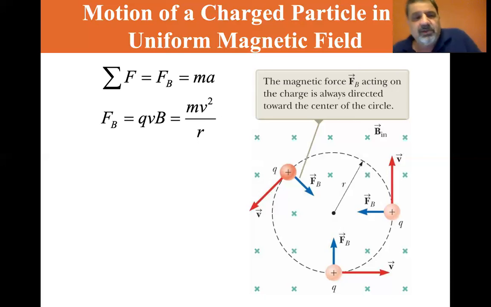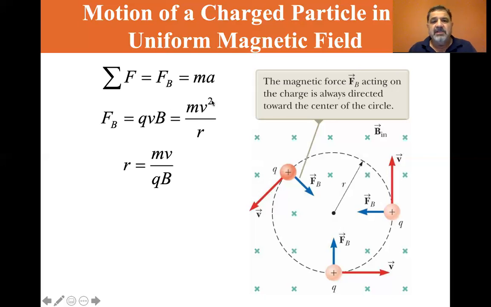The mass times the acceleration is a centripetal acceleration, so it's V squared over R. The V on this side cancels with the V squared on this side, so that leaves us with QB equals MV over R. If we solve for R, you end up with R equals MV over QB.